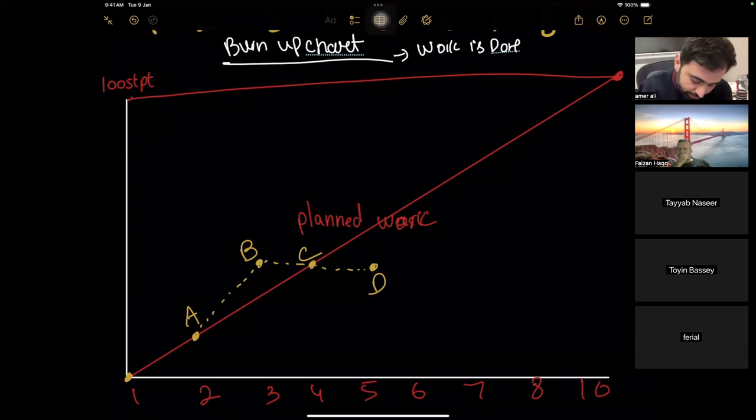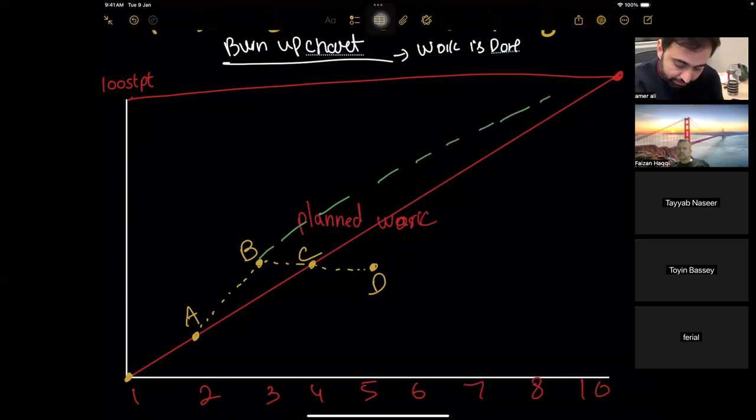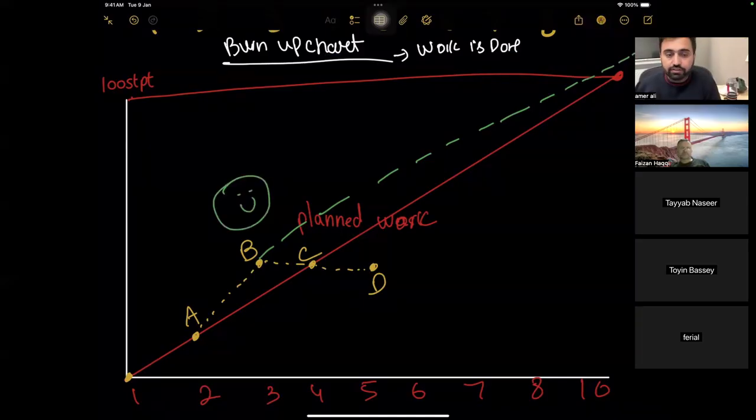Simple. In order to check, make it yourself. So I plot it. If I keep on working at this pace, I will be able to complete more work. So this means it's good. Ahead of the schedule. What about C?